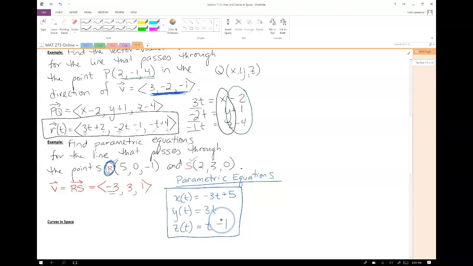Now we also could have used point S, and our answer would look completely different, but it would still be the same line. So that's one important thing to point out here, is that the equation for a line in space is not unique. It's possible to come up with many, many different representations that, once graphed, all make the same exact line.